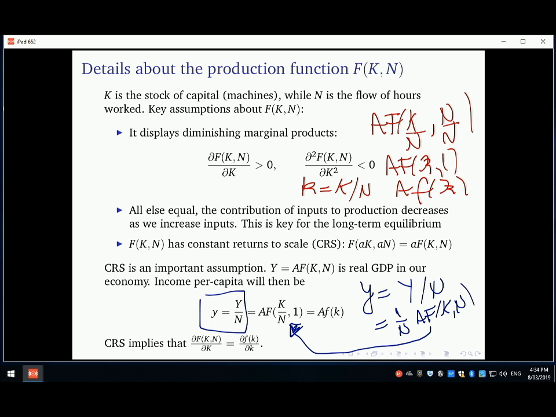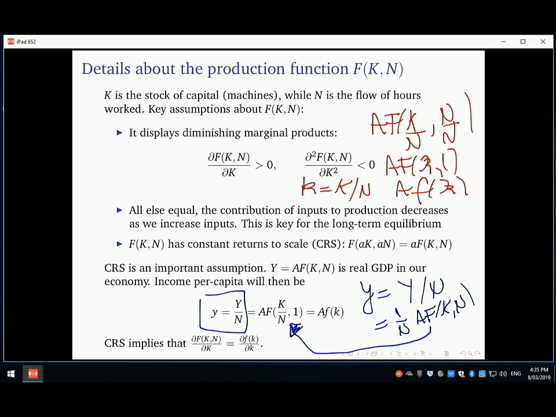That big F of little k, comma 1 is just our little f. And given that we assume constant returns to scale, we can work all that out, and at the end, the derivative of the big F with respect to the big K will be equal to the derivative of the little f with respect to the little k. And that will be useful later, okay? Keep that in mind. You don't need to know all those steps, but you do need to know why we are discussing this and why it is important.